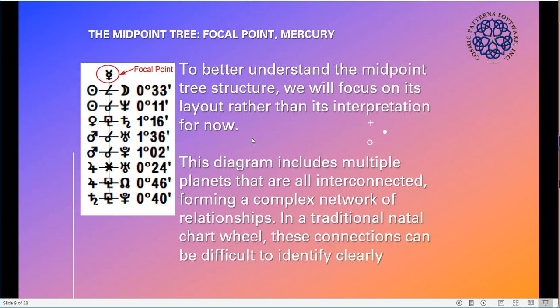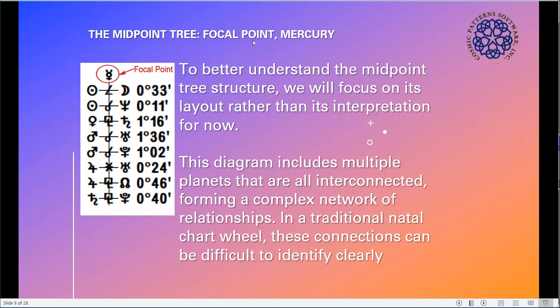Now, to better understand the midpoint tree structure, we will focus on its layout rather than its interpretation for now. This diagram includes multiple planets that are all interconnected, forming a complex network of relationships. In a traditional natal chart, these connections can be difficult to identify clearly.